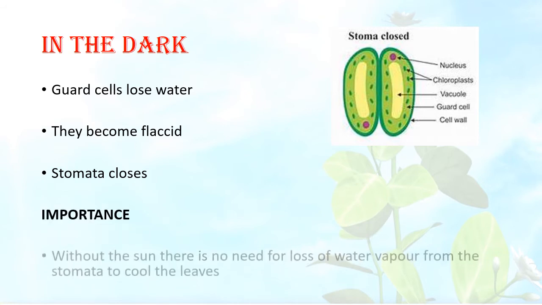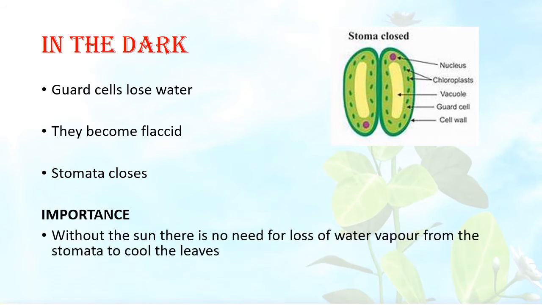This is very important because without the sun, there's no need for loss of water from the stomata to cool the leaves. As one use of the transpiration stream, we learned that transpiration is very important to cool the leaf because when the water evaporates, it uses the heat from the plant.